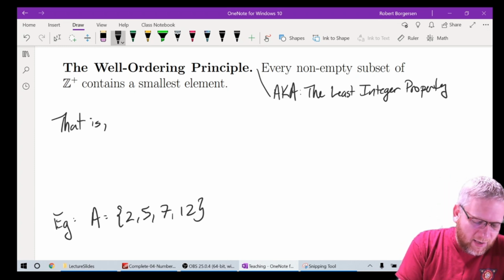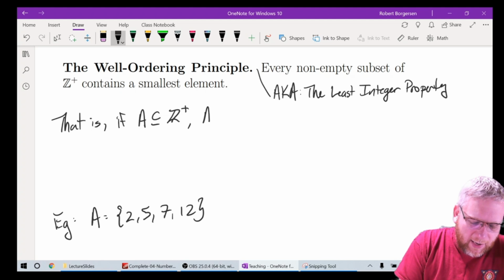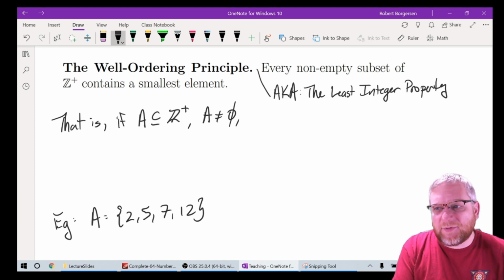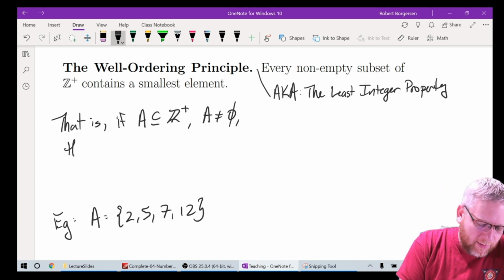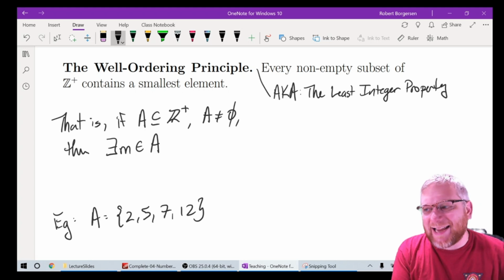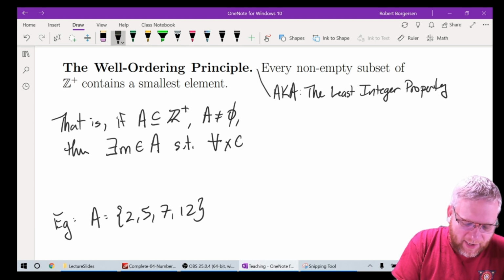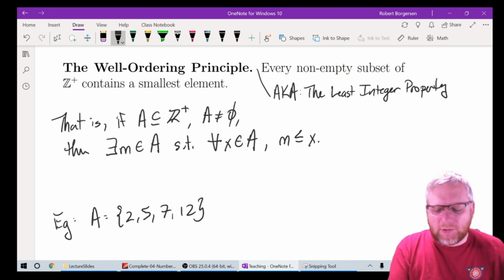If a set A is a subset of Z plus and A is not the empty set, any subset at all of Z plus, then there exists some minimum value M in A, and that's the important thing, that it's actually in the set A, such that for everything else in A, M is less than or equal to it.